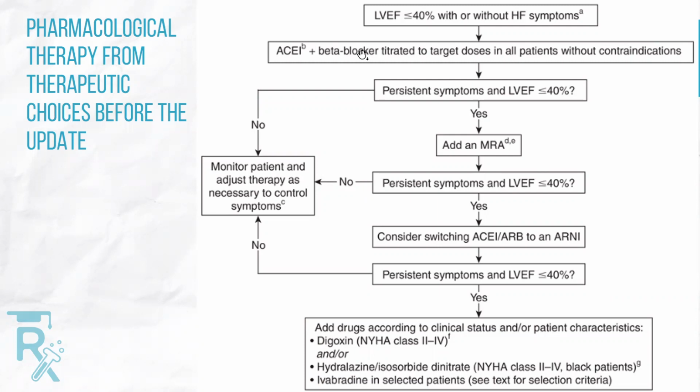Any thoughts? To avoid reflex tachycardia or heart block, maybe. I believe that ACE inhibitors will cause rapid hypotension leading to reflex tachycardia, maybe, which will increase the heart rate.